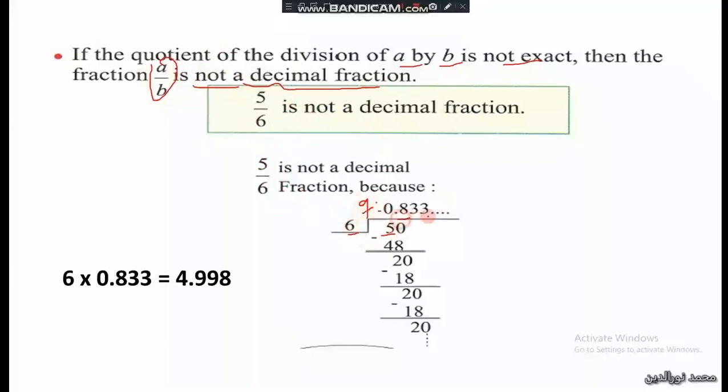It doesn't end. So 5 over 6 is not a decimal fraction because the quotient is not exact and the division operation does not terminate. I can continue the division operation and it never ends. That's why we say A over B in this case is not a decimal fraction.